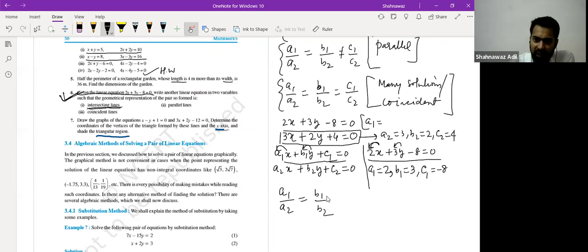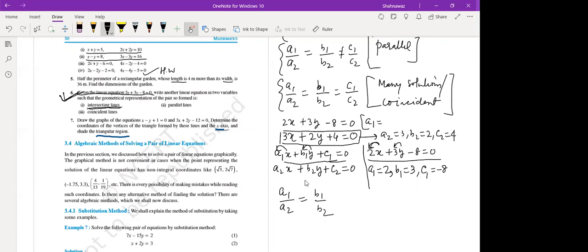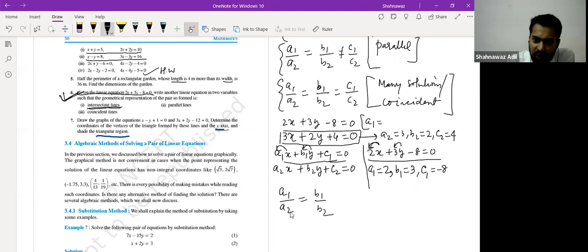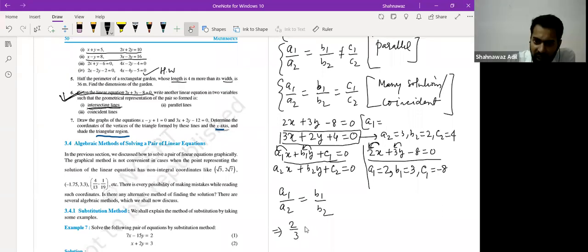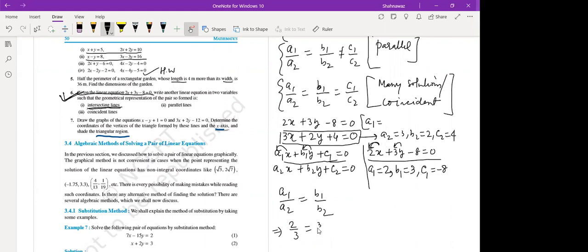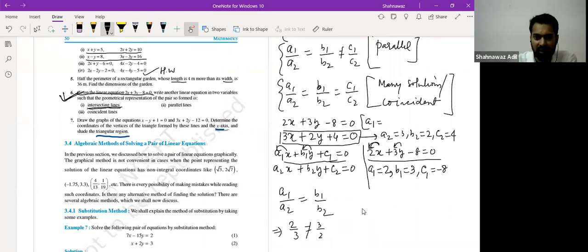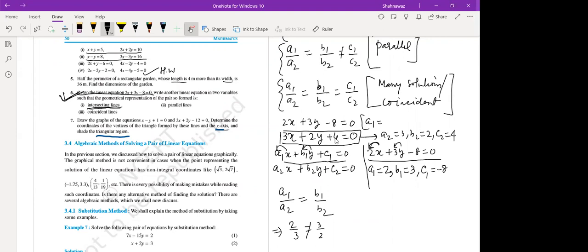So for this equation, my A1 by A2 will be what? 2 by 3. And B1 by B2 will be what? 3 by 2. So these are not equal, right? Yes, sir. So this pair of linear equations will have intersecting lines, right?